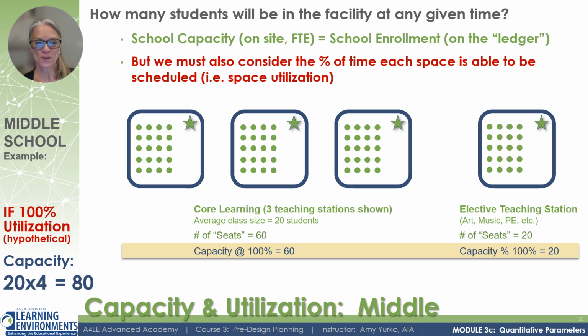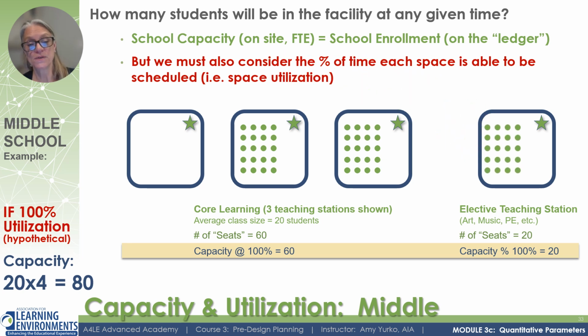Most middle schools and junior high schools use a rotational schedule, meaning the students move from various spaces to other spaces for different specific subjects. So when a class moves to an art space, for example, another class can occupy and use that core learning space that they just came from. Say a group of students in an English class goes to art.